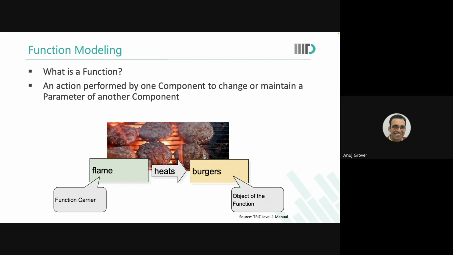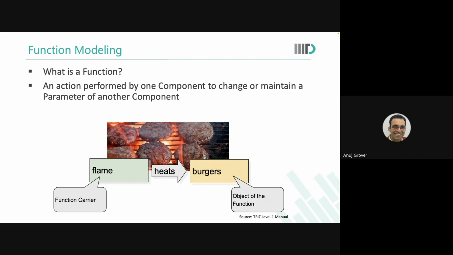For example, flame heats burgers. Flame is one component of that system. This is a barbecue. Flame is one component of the system. Burgers are another component of the system. What parameter does the flame change? The temperature.